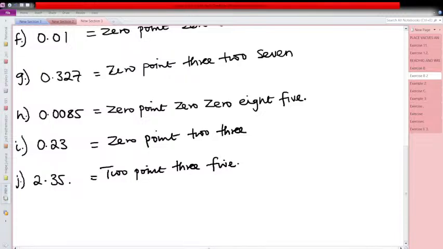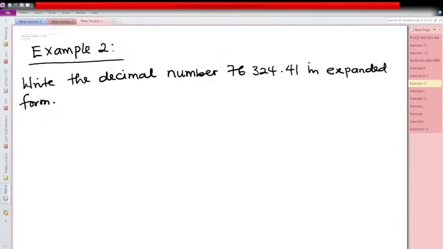Raphael, are you with me? Okay. So that is that, Raphael. Now I want you to write the decimal number in expanded form.